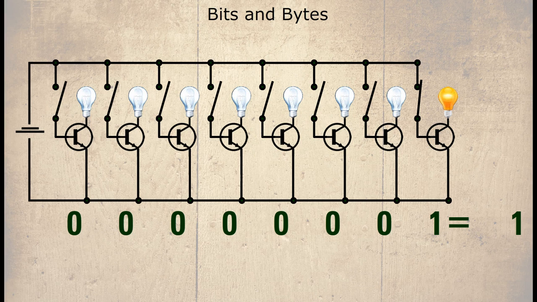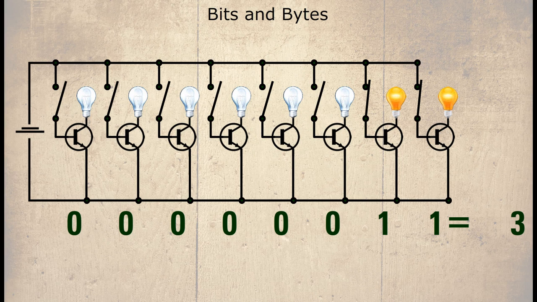This would be decimal 1. Next, 0, 0, 0, 0, 0, 0, 1, 0, or decimal 2. Next is 0, 0, 0, 0, 0, 0, 1, 1, or decimal 3. As the transistors are switched on from right to left, the numbers will increase.